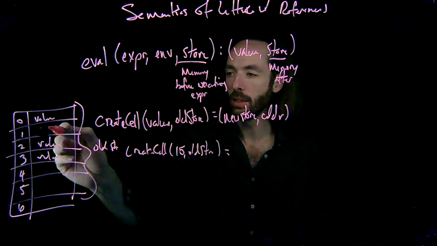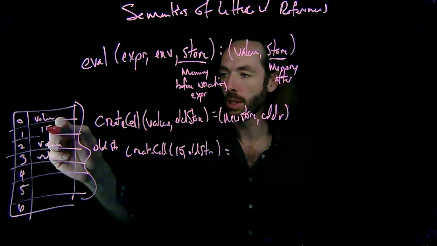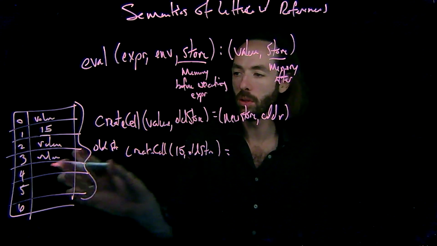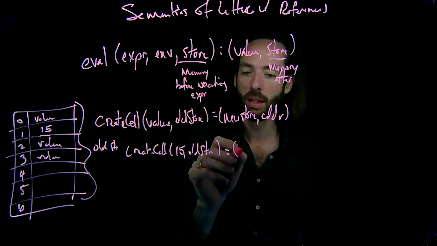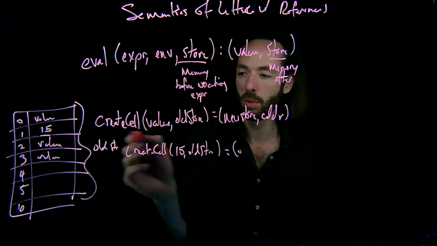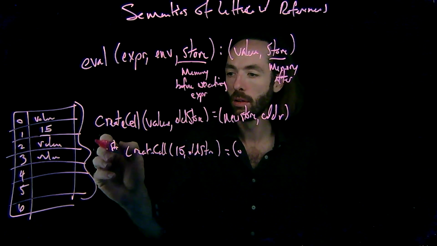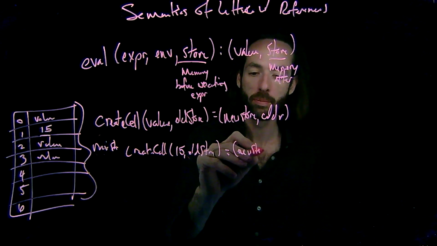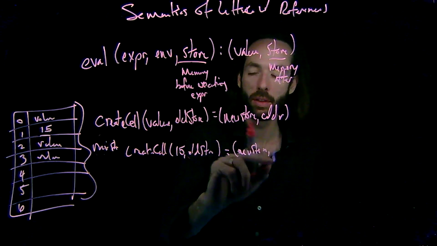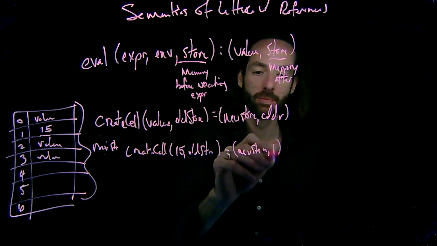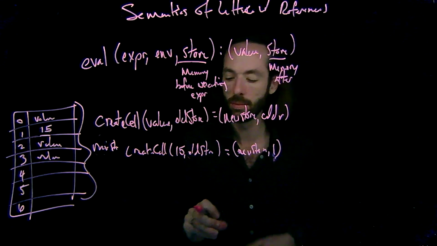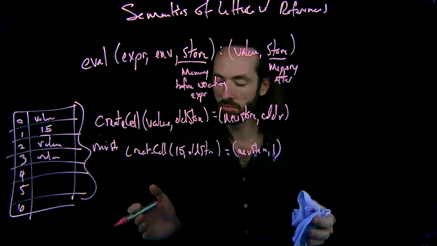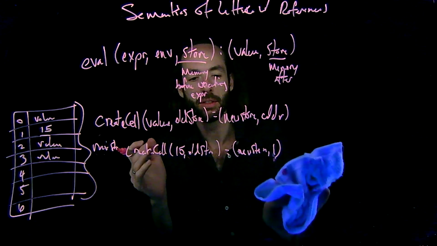Then create cell goes in, finds the first open slot, puts 15 in here, and then makes a copy of this whole collection of data, and then returns what we'll call the new store now. And we'll return the new store with the address that contains 15. So that's just going to be 1. That's what we want create cell to do.